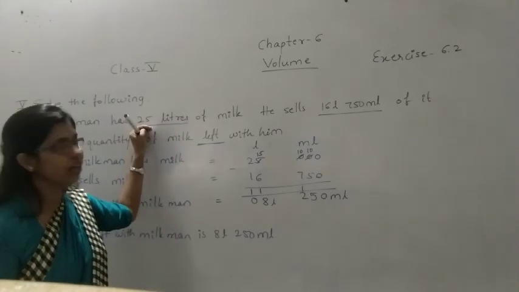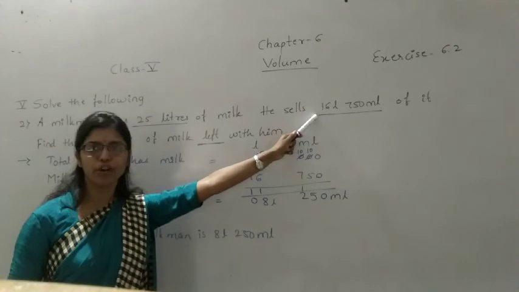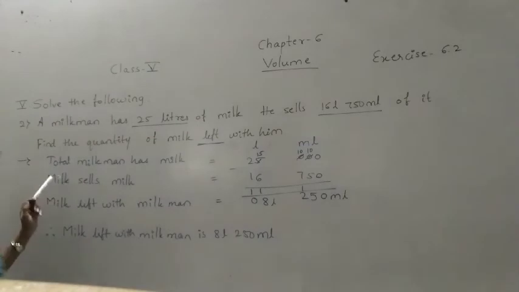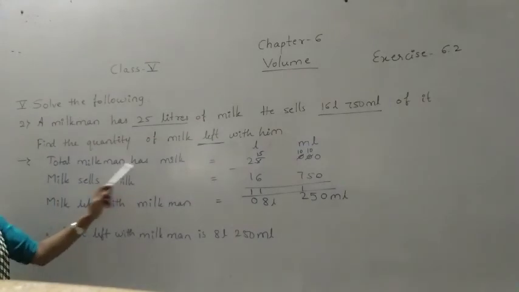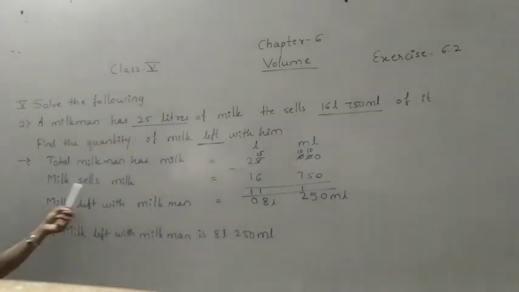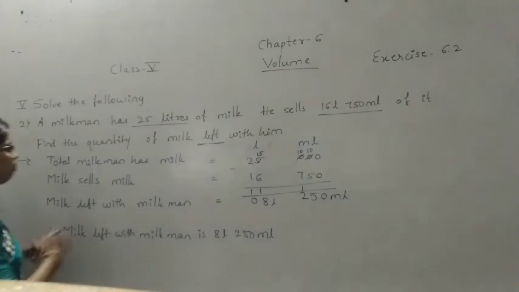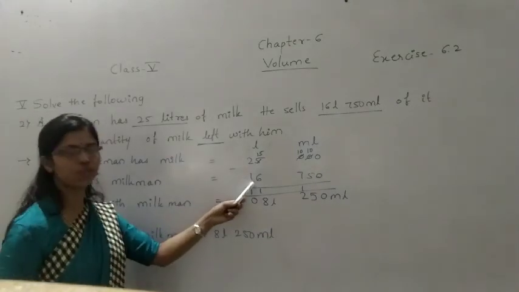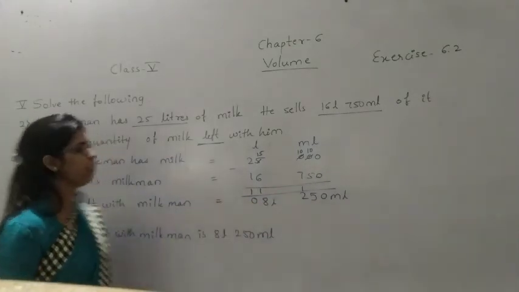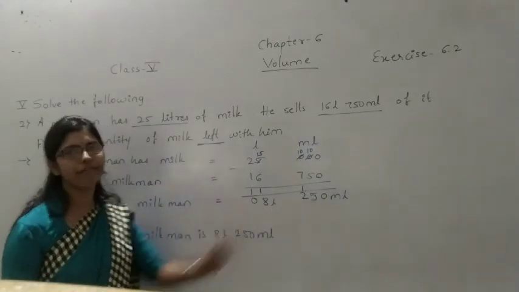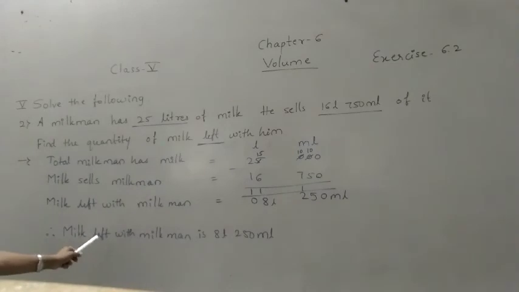We should subtract to find whatever milk is left. Total milk the milkman has is 25 liter, and the milkman sells 16 liter 750 milliliter. Therefore the milk left with the milkman is 8 liter 250 milliliter.